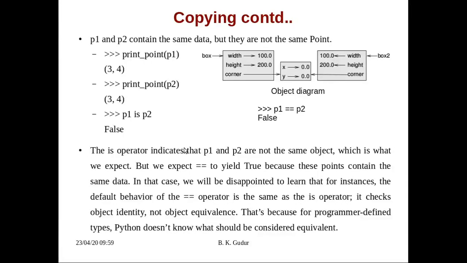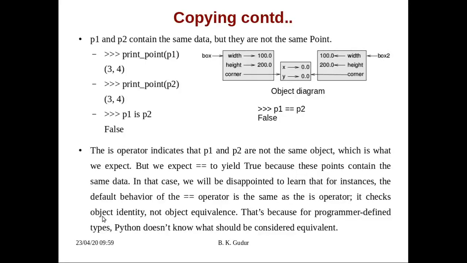The is operator indicates that P1 and P2 are not the same object, which is what we expected, because it returned false. But we expect this to yield true, because these points contain the same data. We didn't get true because the default behavior of the equality operator is the same as that of the is operator.